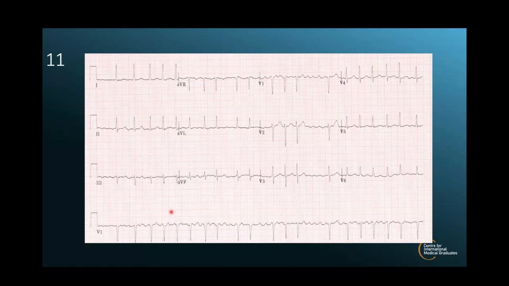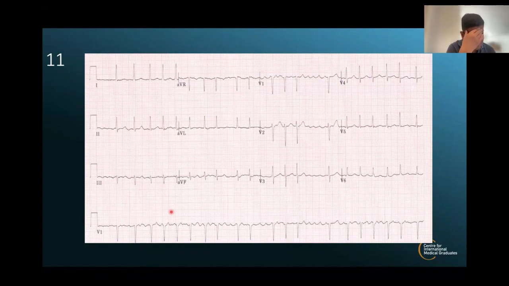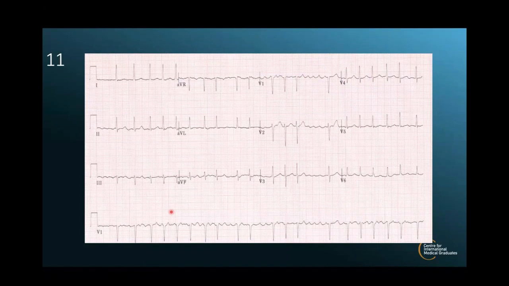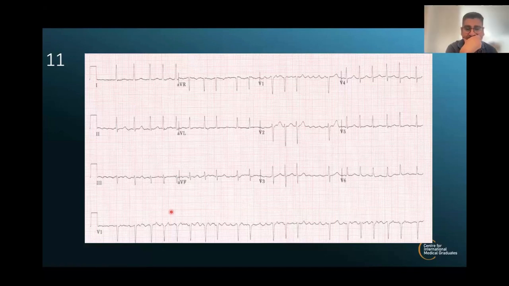So if I'm to calculate the rate, using the V1 down there, I'll count the number of R's. 1, 2, 3, 4, 5, 6, 7, 8, 9, 10, 11, 12, 13, 14, 15, 16, 17, 18, 19, 20. So 20 by 6 would give us 120, so the heart rate is about 120 beats.